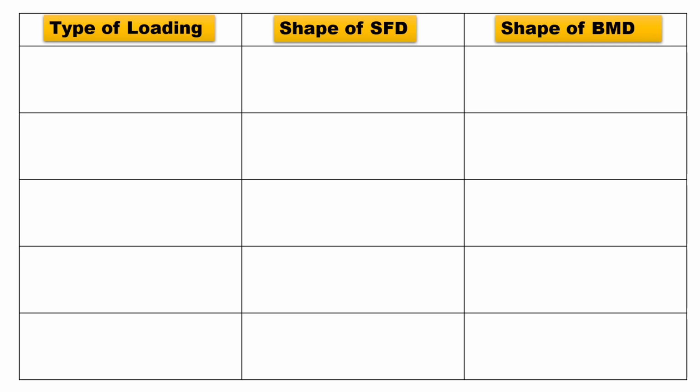So if on the beam there is no loading, meaning the span is empty, then the shape of SFD on that beam is a straight line. The SFD for no loading is straight. For BMD the line is inclined, so draw an inclined line for BMD in case of no loading.